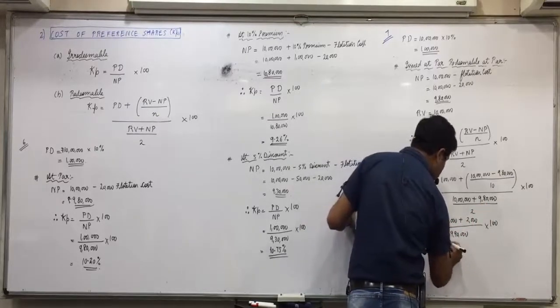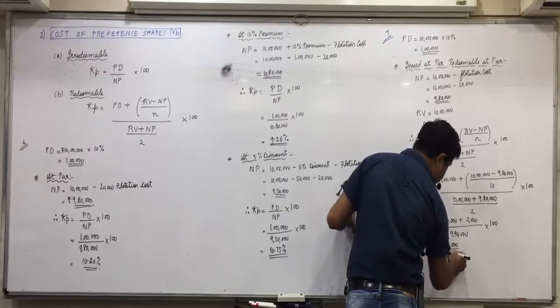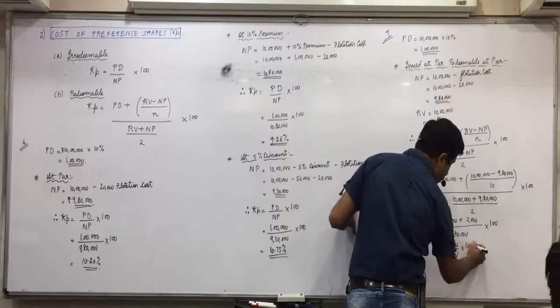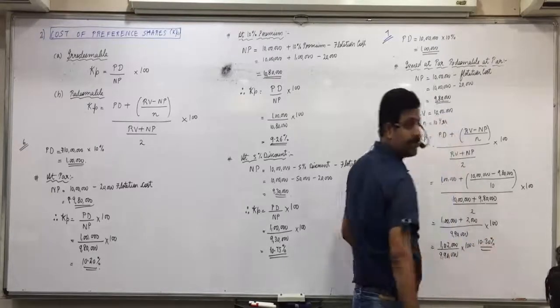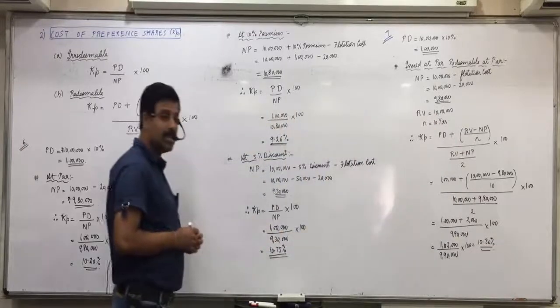So 1,02,000 divided by 9,90,000 into 100 is 10.30%. All of you have understood this situation?